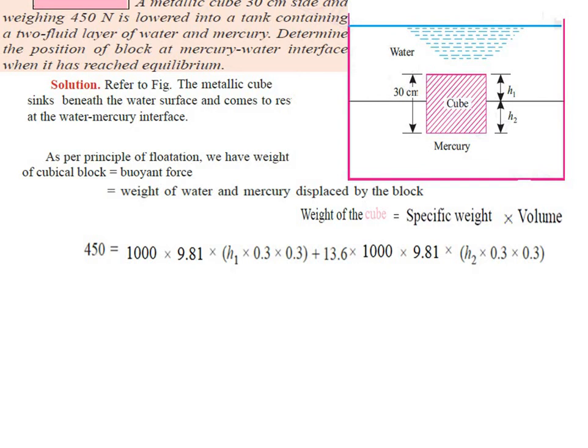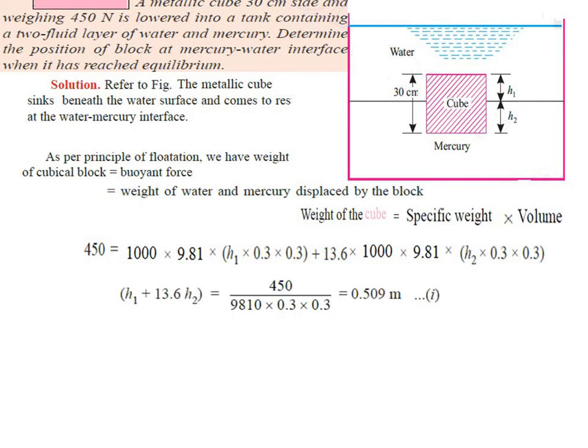The specific weight is rho into g, so it is 1000 into 9.81 into H1 into 0.3 into 0.3, because it is a cube having sides of 0.3 meter, where H1 is the height of water, plus the mercury displaced, which is 13.6 into 1000 into 9.81 into H2 into 0.3 by 0.3. Here 13.6 is the specific gravity of mercury and 1000 is the standard density of water.